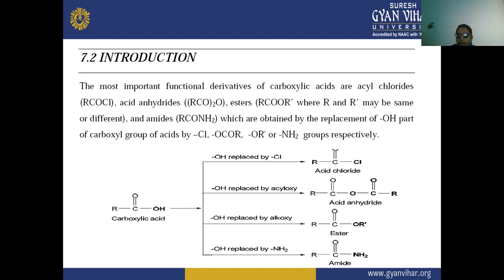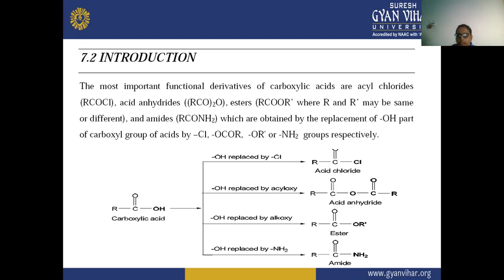So in all these derivatives there is a replacement of the OH group. In all the carboxylic acid derivatives, the OH group is replaced by Cl, OCOR, OR dash, or NH2 group. The first derivative is the acyl chloride, in which the OH group is replaced by a Cl part.